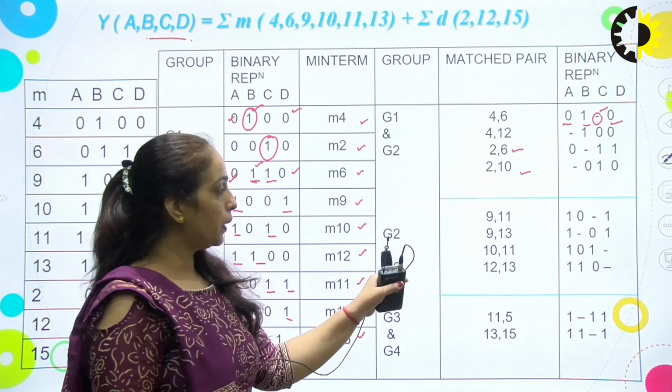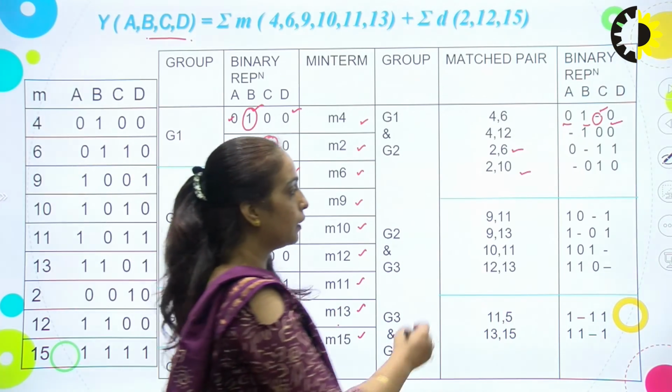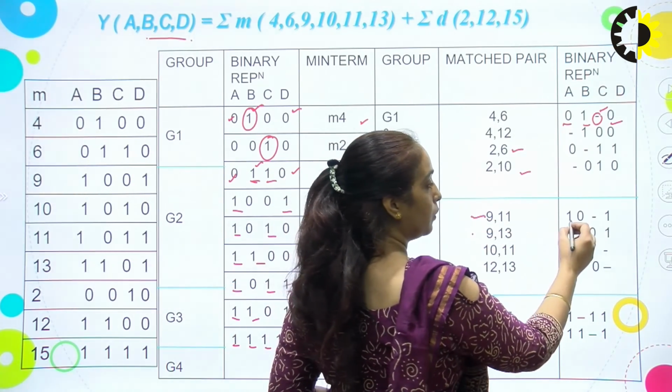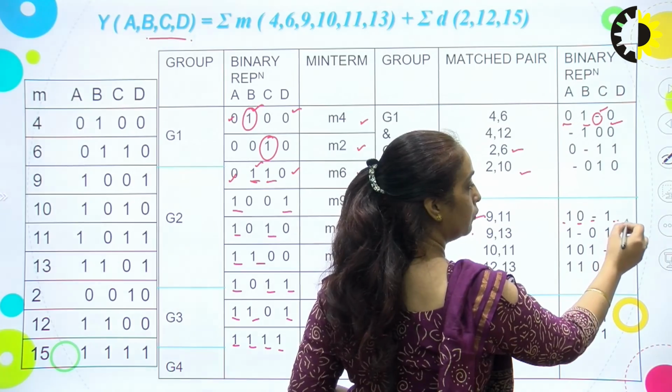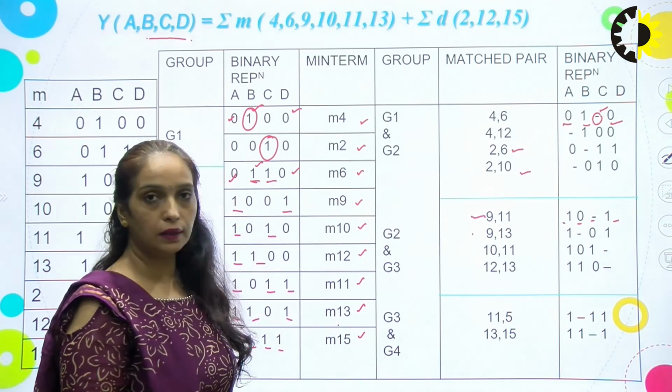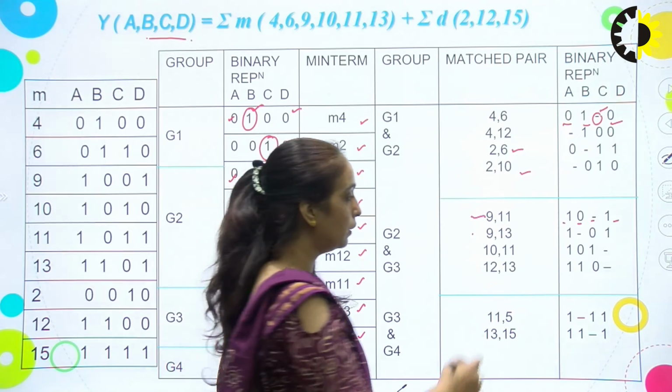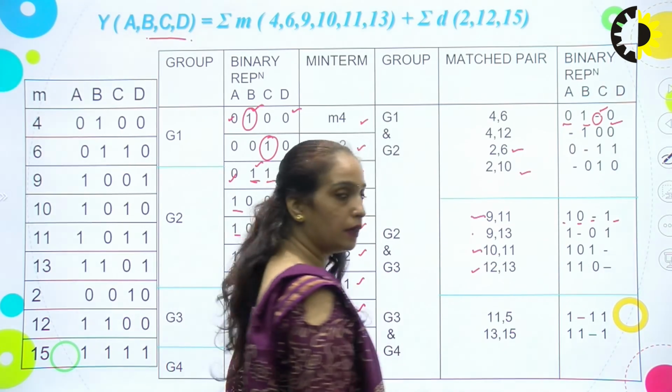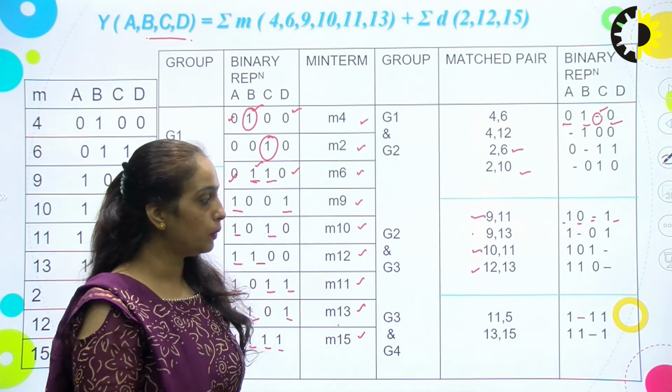Next, we are going to compare group 2 with group 3. Compare 9 and 11, we are going to have 1, 0, C will be removed, and 1. Compare 9 and 13, we are going to have 1, B will be removed, 0 and 1. Similarly, compare 10 and 11. This way we are going to complete the chart.